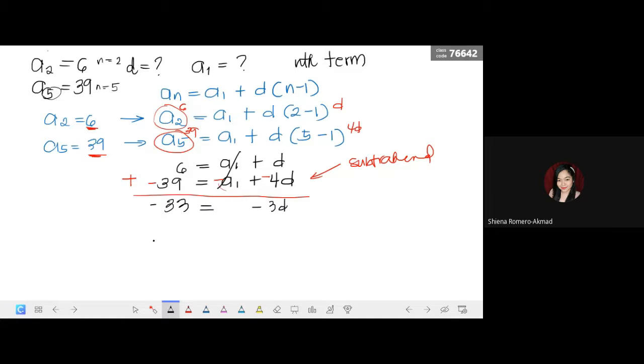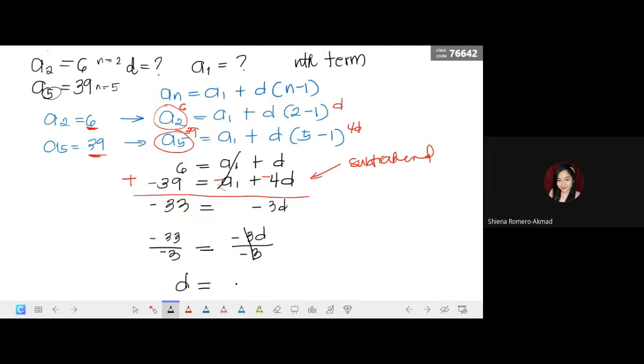So, pag sinulat natin to, we'll write it negative 33 is equal to negative 3d. Then we will divide both sides by negative 3 para ma-cancel natin yung numerical coefficient ng d. Okay? So we have d is equal to negative 33 divided by negative 3.